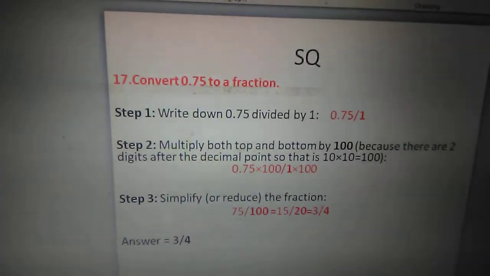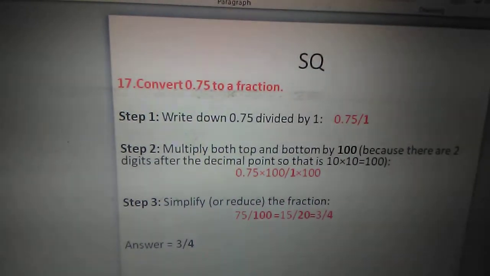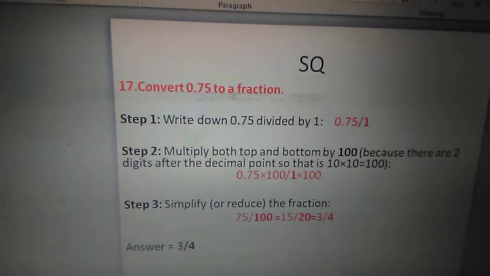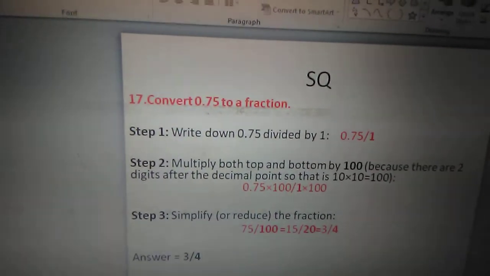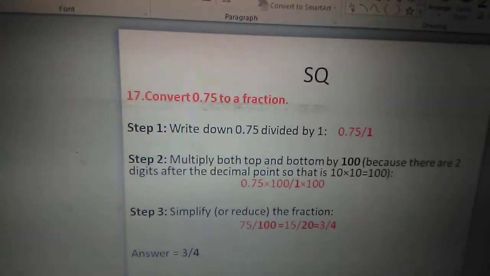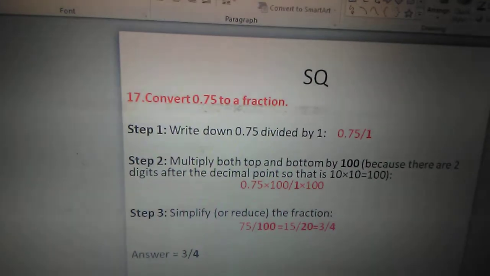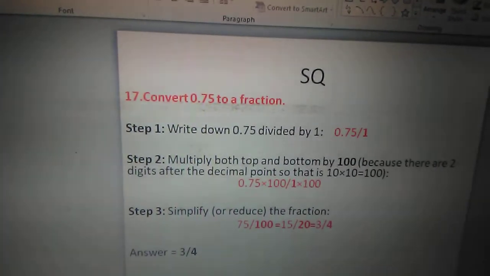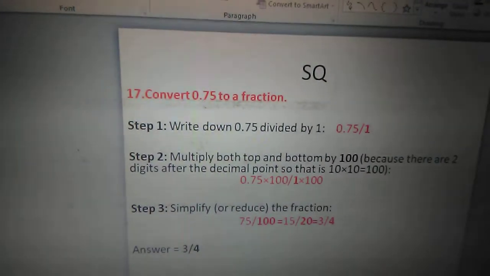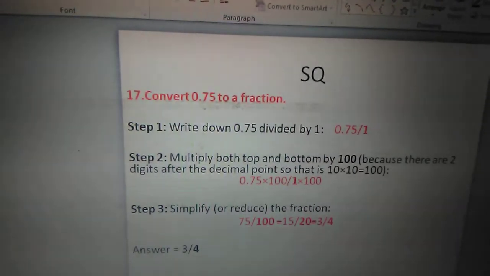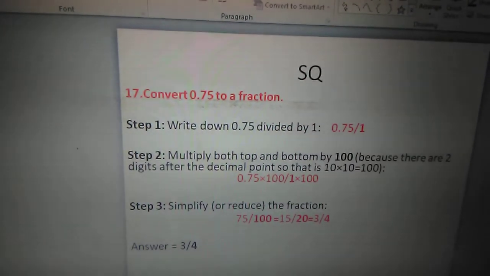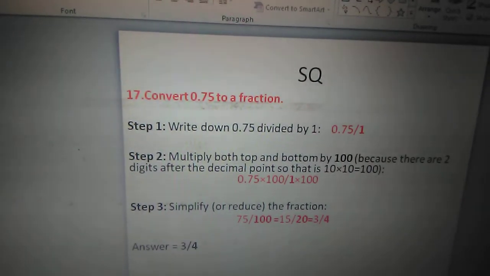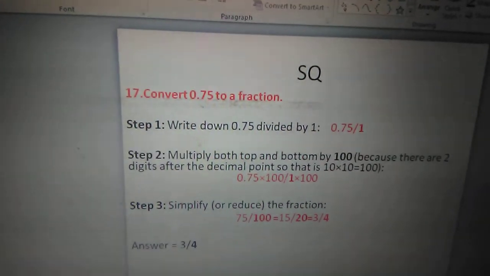Look here, there are 2 digits after the decimal point, so we'll multiply 0.75 and 1 by 100. So 0.75 into 100 divided by 1 into 100. It will be 75 divided by 100.